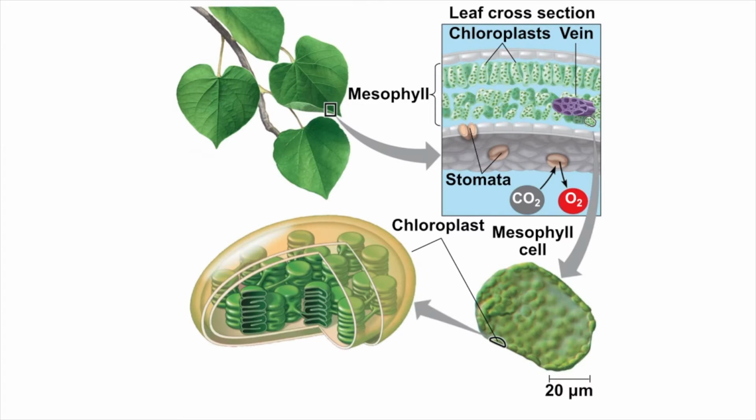In most plants, photosynthesis usually happens in a structure called the leaves, and leaves are actually a perfect shape for photosynthesis to occur.